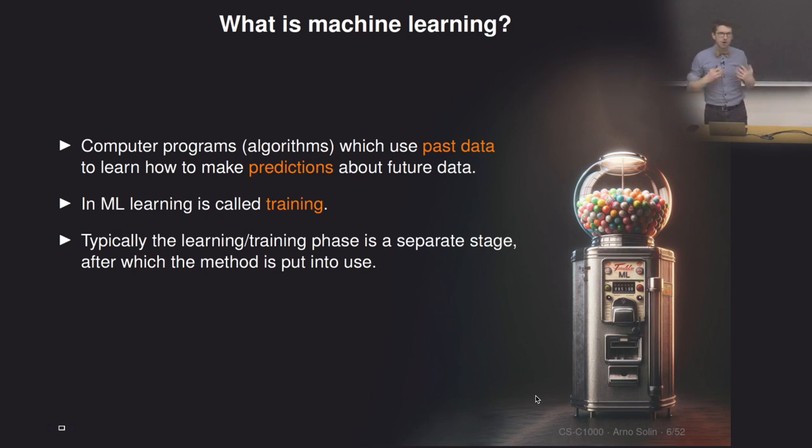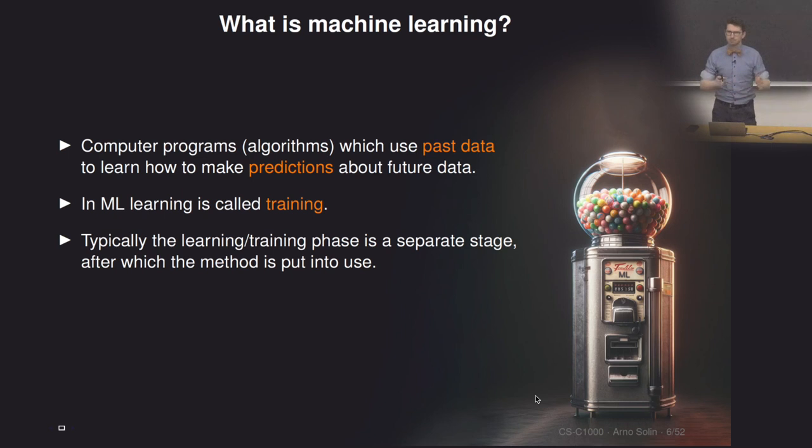Typically, the learning or training happens at a separate stage. You take a machine learning method, you feed in some data, you train it with the observations. At some point, you use some criterion to decide that now it's fully trained.